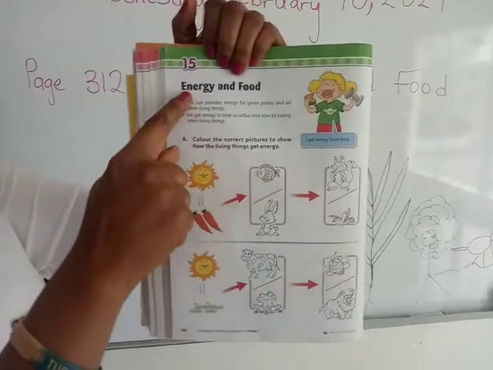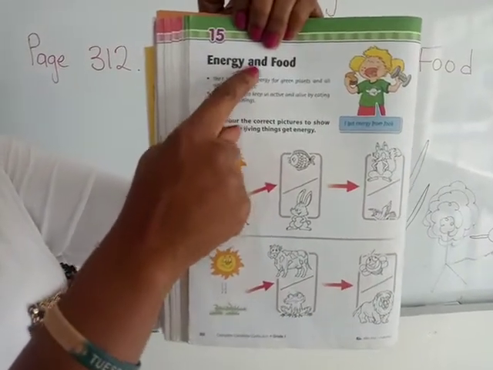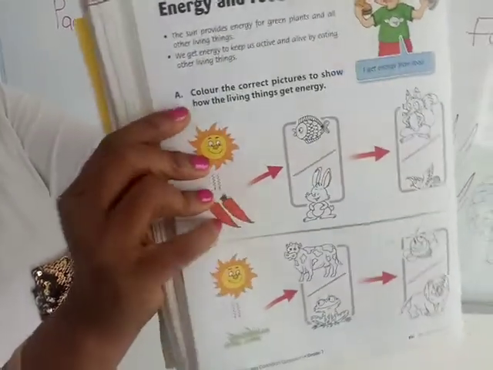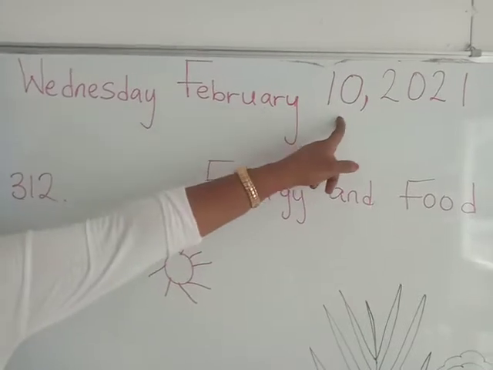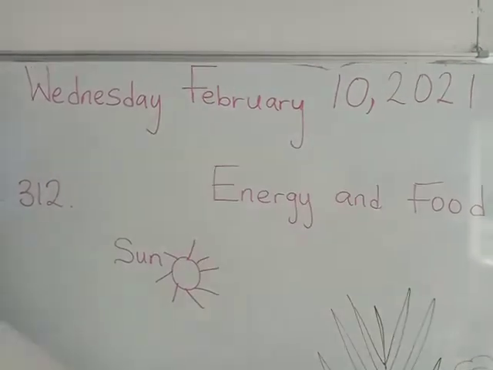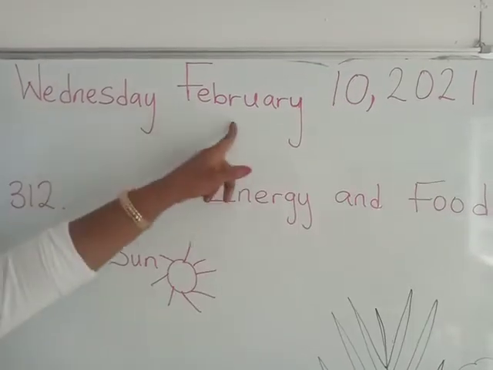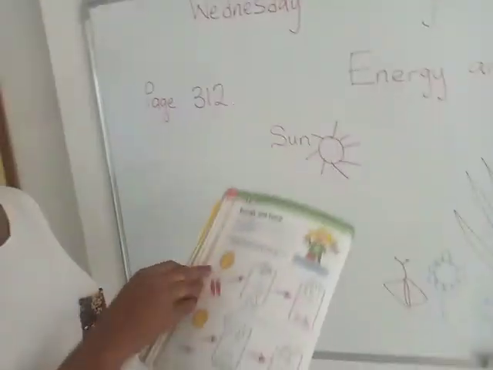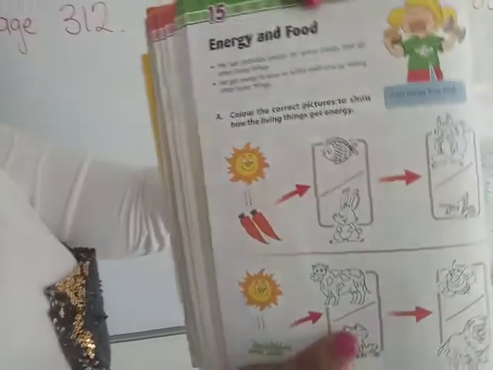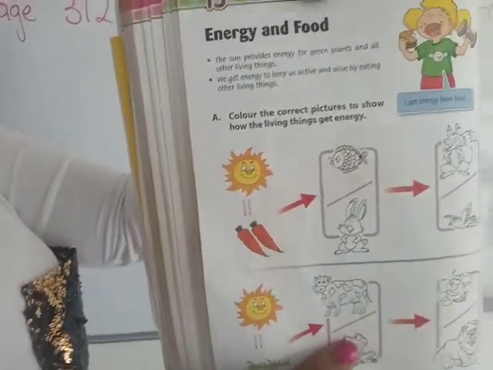And you have energy and food. Please don't forget to write the date on top. Wednesday, February 10, 2021. So let's look into the book, and please point while we read together.